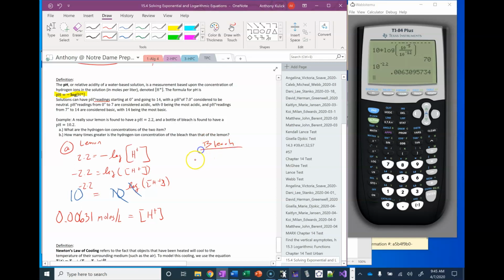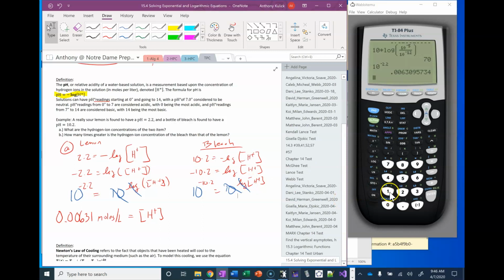If I look at my bleach, this is 10.2 equals negative log of concentration of hydrogen ions. So again, first step, I'm just going to move that negative sign over. And I'm going to use that exponent base of 10. So again, those cancel out.